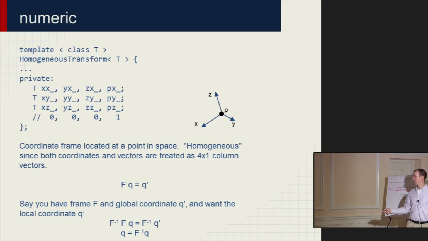And then that gives you Q equals F inverse times Q prime. Homogeneous transform provides its own inverse function. I'm not asking you to compute the inverse for it. But this is a great way to very quickly get the local coordinate for points.